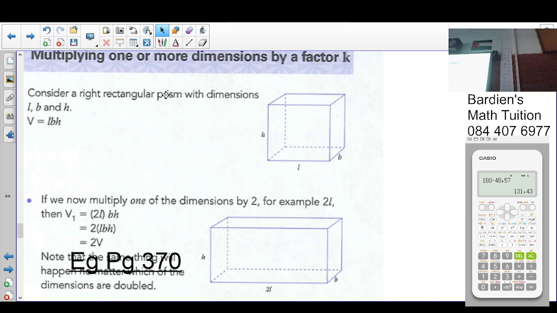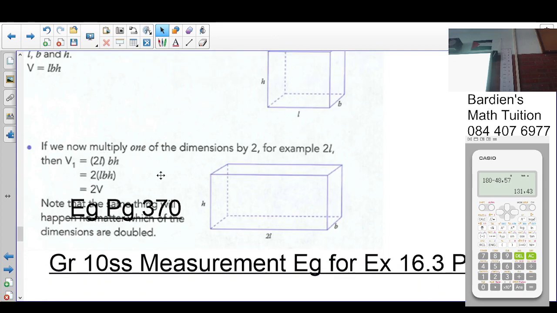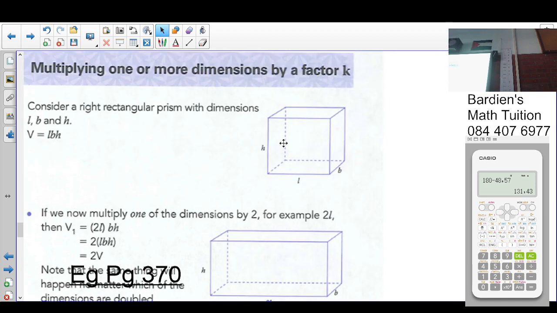So here we are told to multiply one or more dimensions by a k factor. Consider the right rectangular prism with the dimensions length, breadth, and height. If we now multiply one of the dimensions by 2, for example 2l, the volume is length times breadth times height.